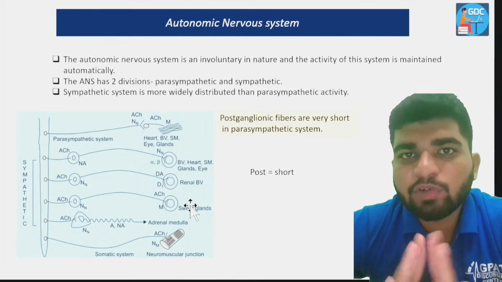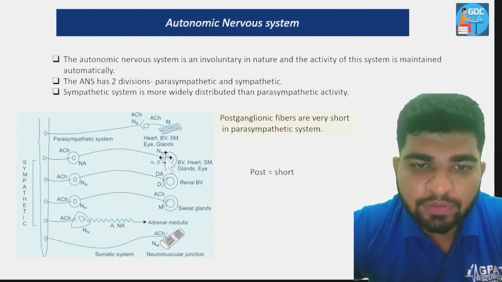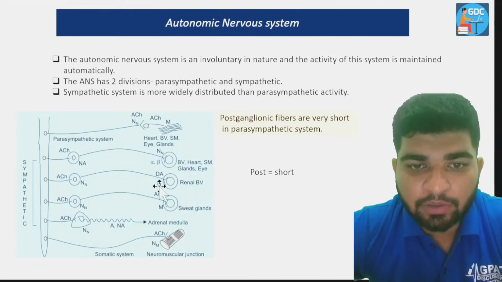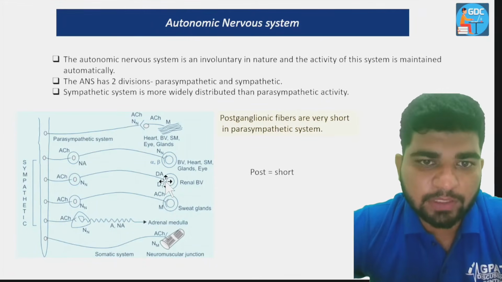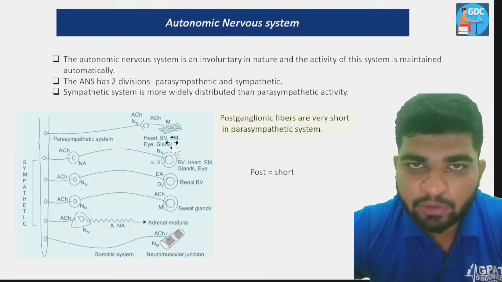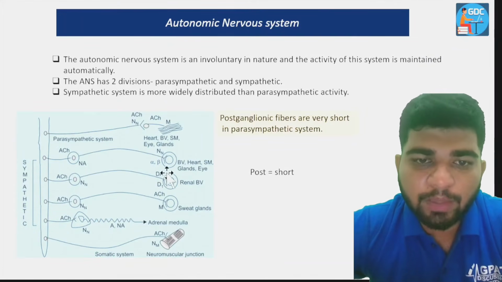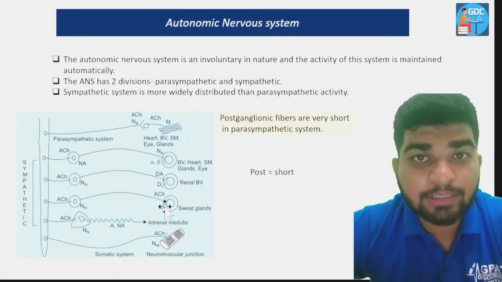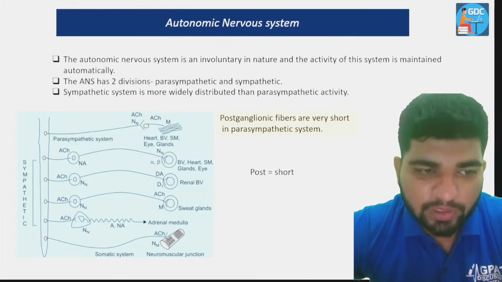So how will you decide what the major neurotransmitter is? From the secondary nerve, that is the postganglion. That postganglion will give your major neurotransmitter. In the parasympathetic case, acetylcholine is the major one, and in the sympathetic, dopamine, noradrenaline, and sometimes acetylcholine also will be a major neurotransmitter.